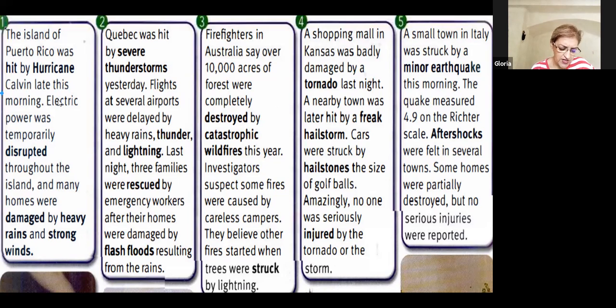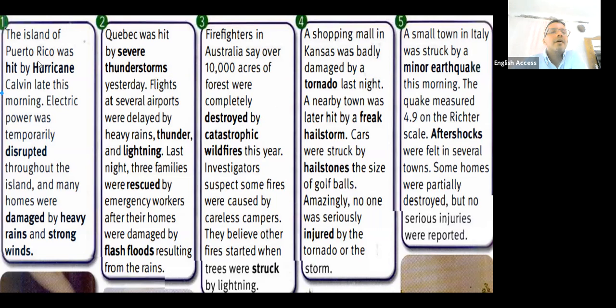Electric power was temporarily disrupted throughout the island, and many homes were damaged by heavy rains and strong winds. Yes. Remember, hurricane.